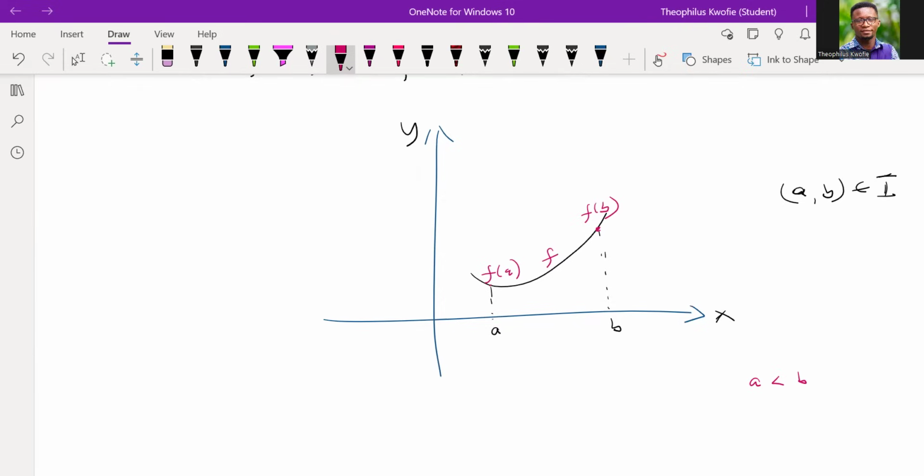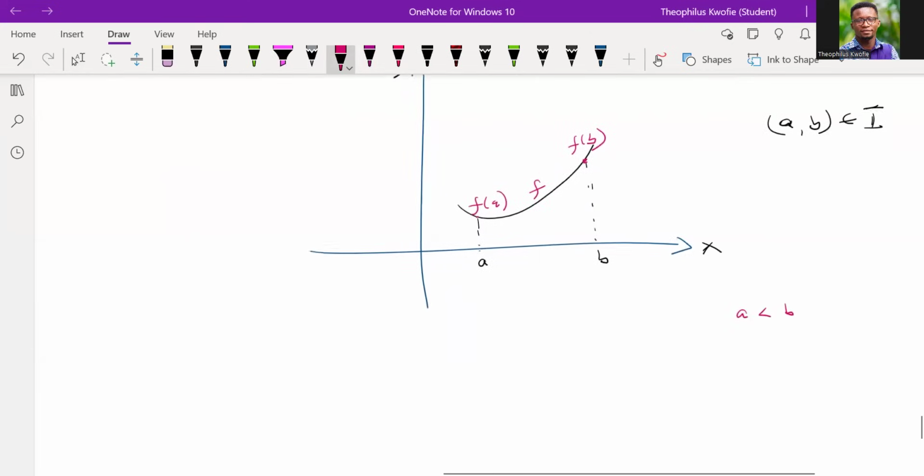So we see that as a moves towards the right, approaching b, the function continues to increase. Do you see that? In that case, we can confidently say that f of a is also less than f of b.